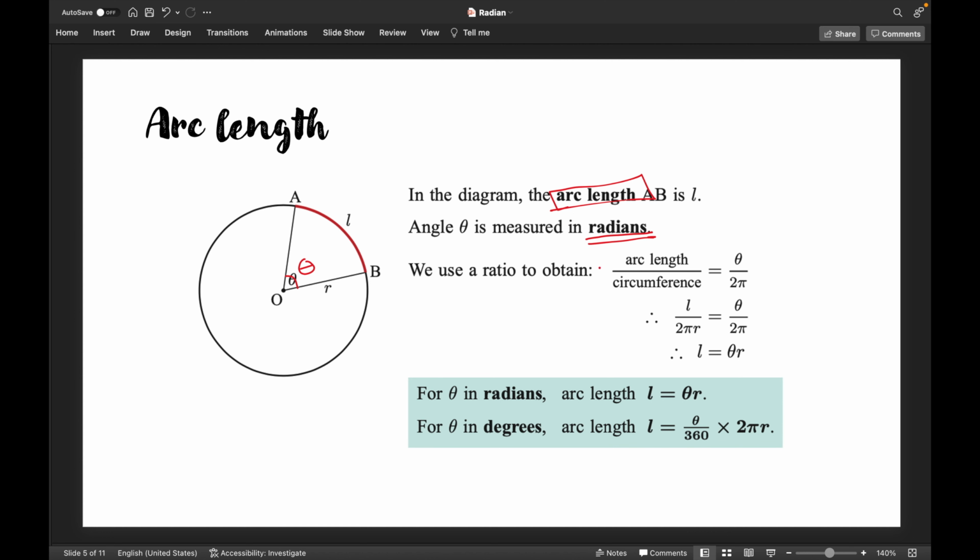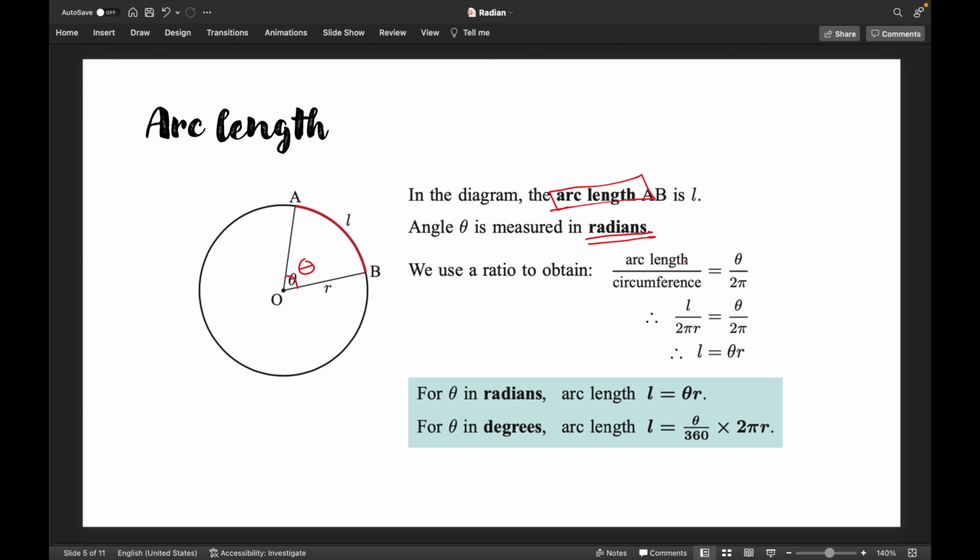We can use the ratio to obtain: arc length by circumference equals theta by 2 pi. This makes sense, right? Because the ratio will remain the same from the main angle to the smaller angle. The ratio of the arc length to the circumference will be the same.